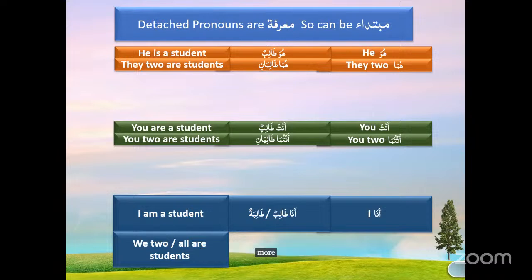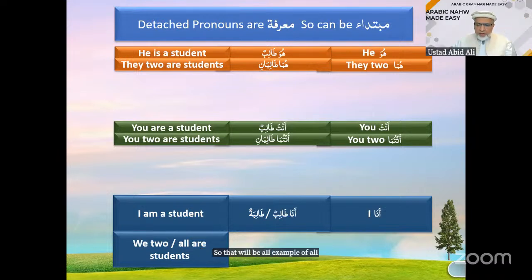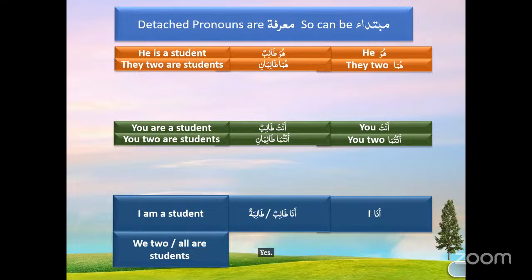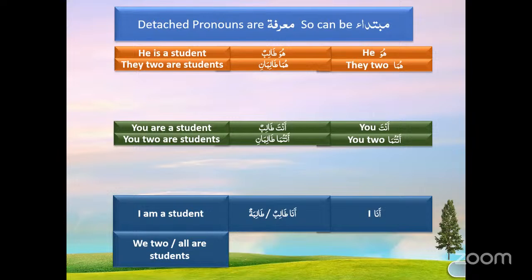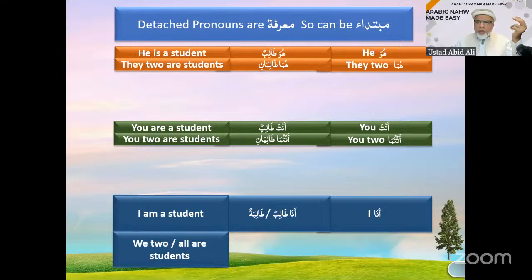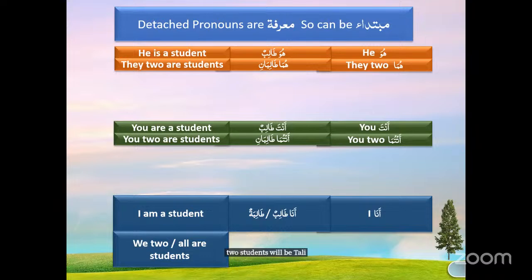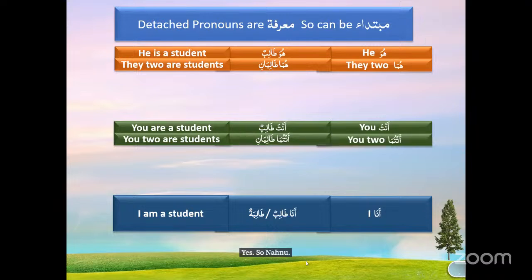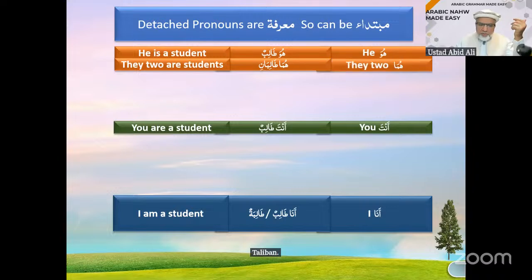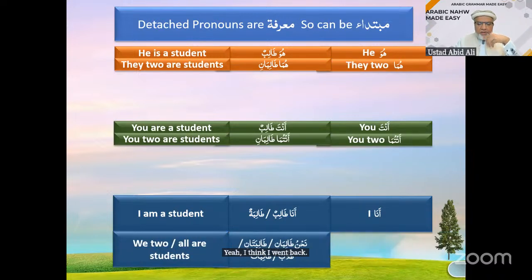So that will be we all. Nahnu tullabun, right? What about the two version? What is the dual of students? Two students will be talibani. Yes. So nahnu talibani, nahnu tullabun.